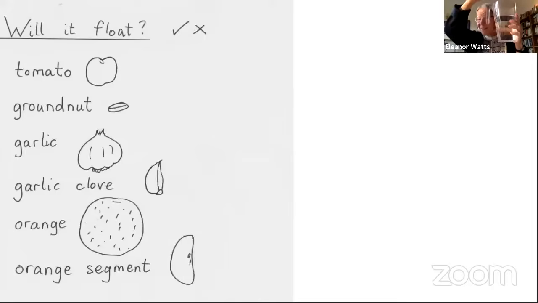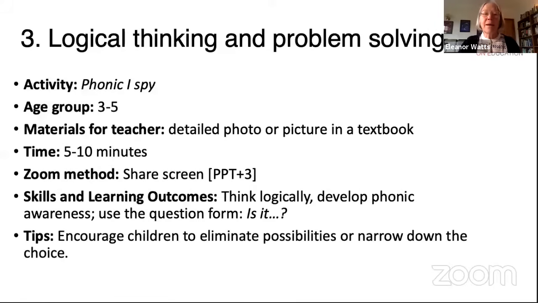It will float. And Priya? Yes, it will float. Well, you sounded very, very convinced about that, and you were right that time. Well done. Okay, well, thank you very much for risking being wrong. Such an important thing when we're doing science.